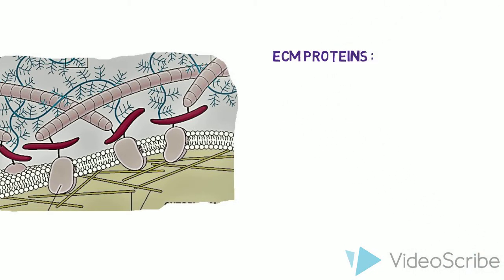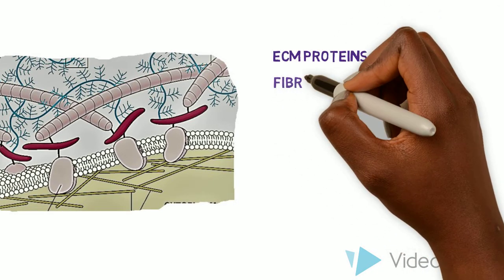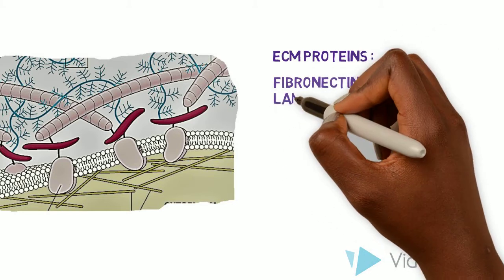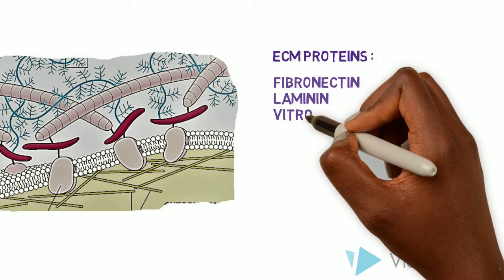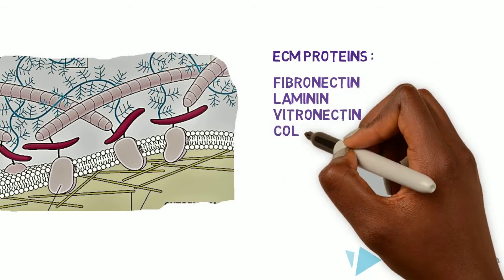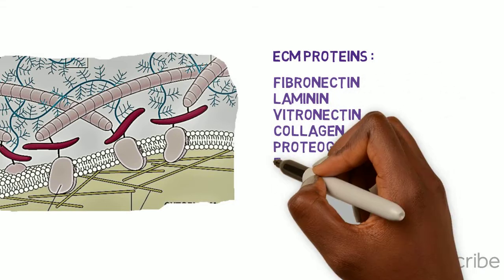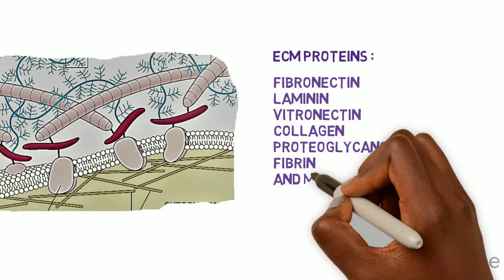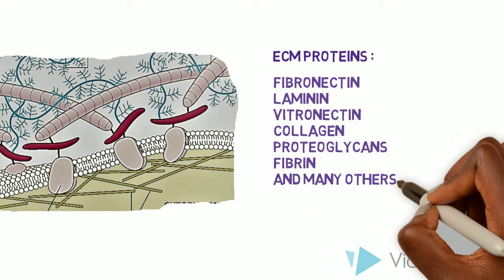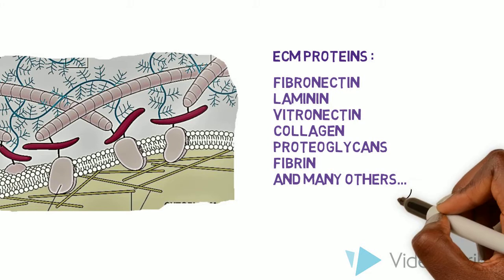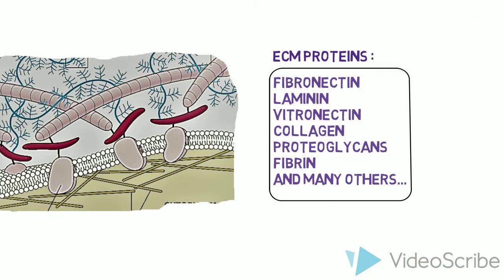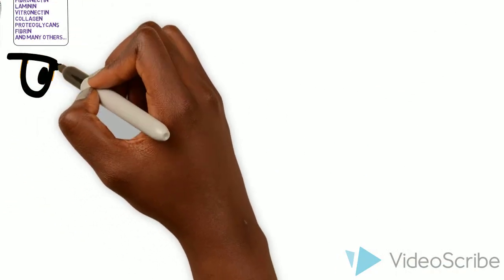Some of these proteins, just to list a few of them, are fibronectin, laminin, vitronectin, collagen fibers, proteoglycans, fibrins, and many other proteins. And all of these, again, will need to be degraded for successful invasion of the endometrium. So let's take a closer look at this invasion process and all of the proteins that are involved.